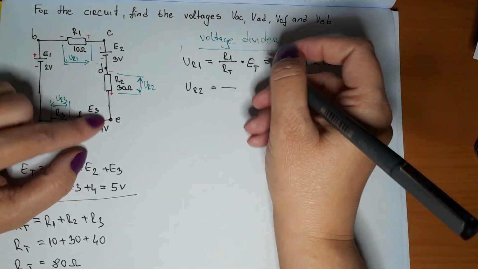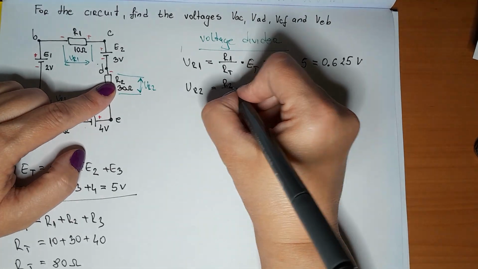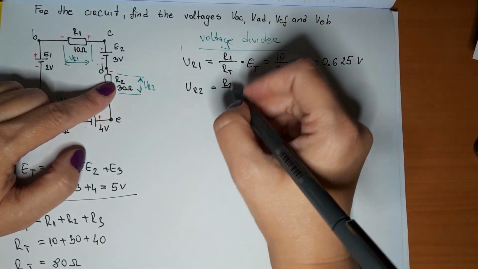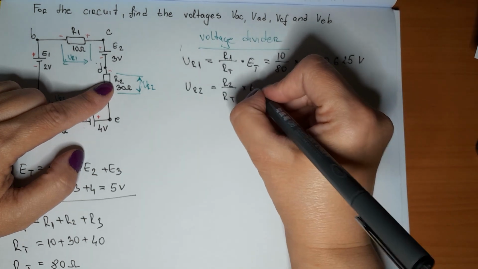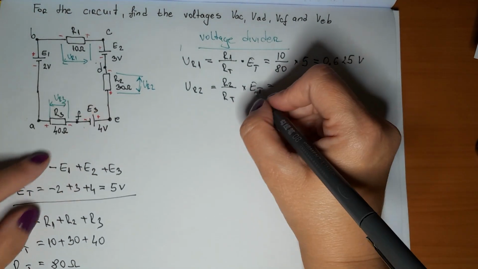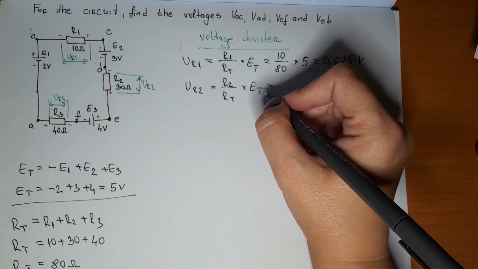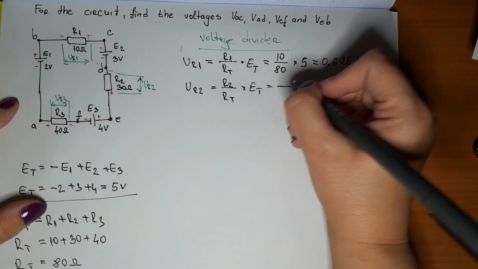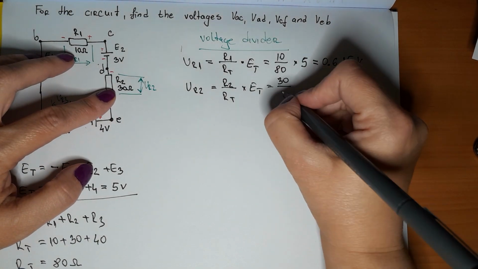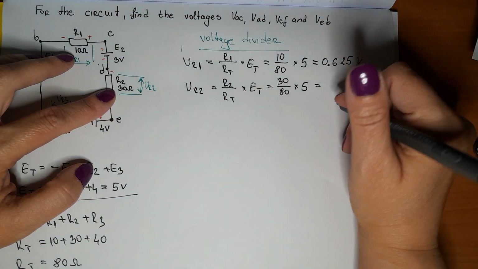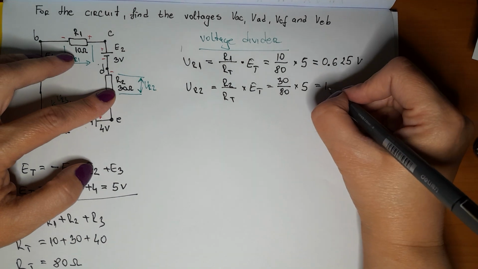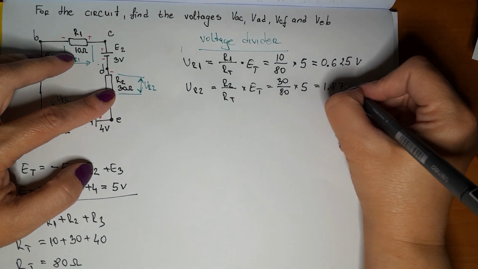Next one is for the resistance 2 voltage drop. Then we will use R2 above the line, and under is RT, multiplied with the total voltage. Okay, it will be 30 over 80 multiplied with 5, and our result will be 1.875.